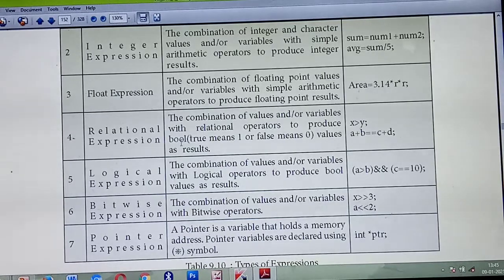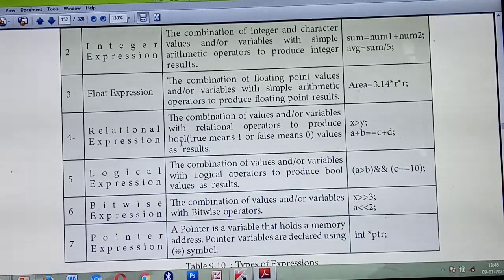Okay. So already you have studied about relational operators. What are the relational operators? Greater than, less than, greater than or equal to, less than or equal to, double equal to. Okay. So relational expression means this expression has a combination of values and variables along with some relational operators. Understood?